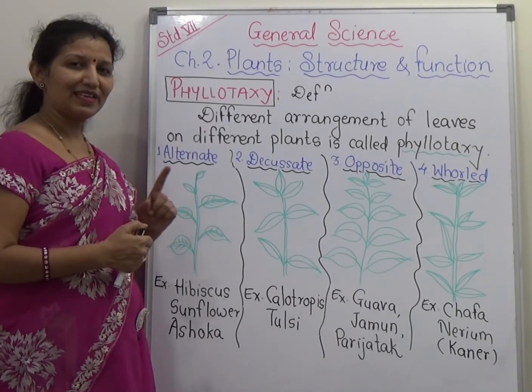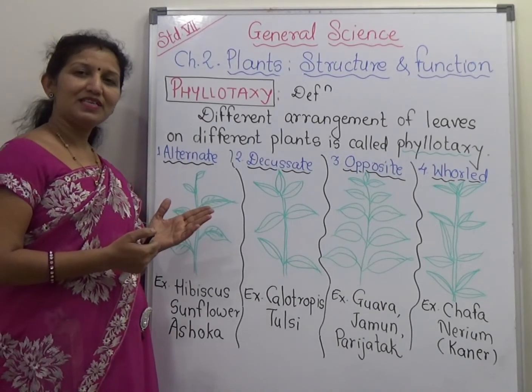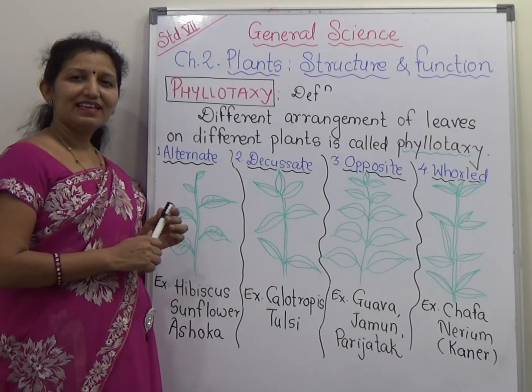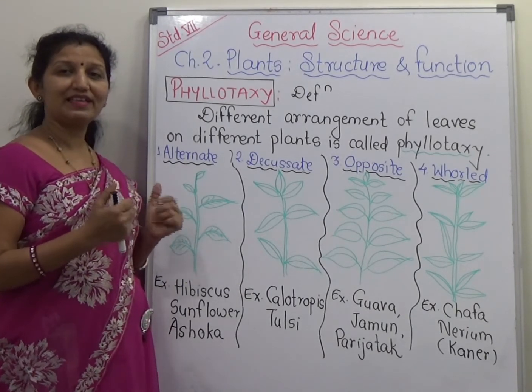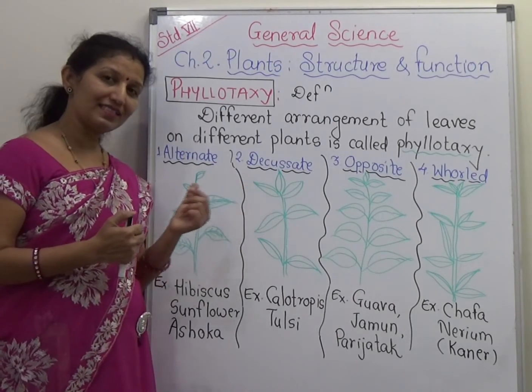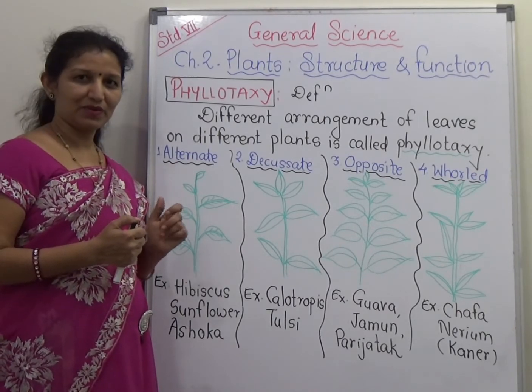Children, I will tell you one thing. After studying all these things, you must be eager to know all the things in your garden. The plants in your garden are having so many hidden things, and now that you have studied all these things, you must have a garden tour after lockdown.